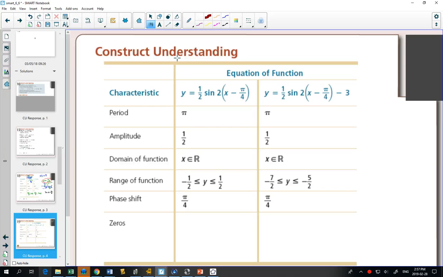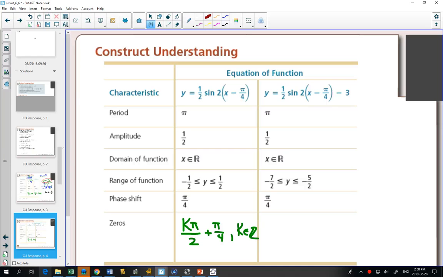Our zeros were k pi over 2, but now we've moved things pi over 4 to the right, so we can just add pi over 4 to all of them, where k is an integer. So first our zeros got multiplied by a half, and now we've added pi over 4 to them.